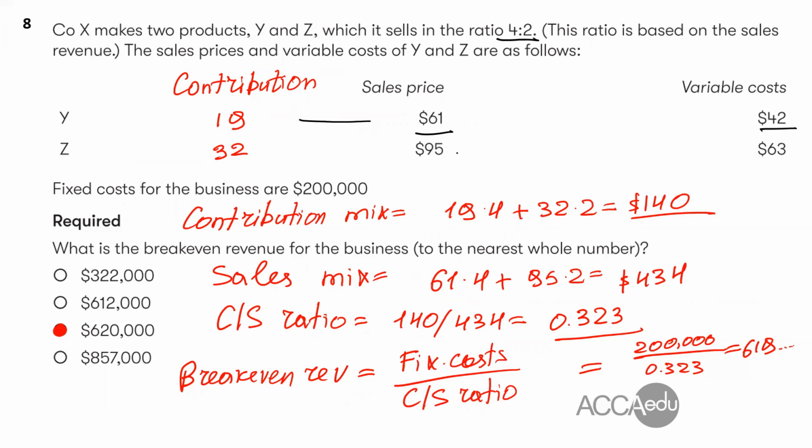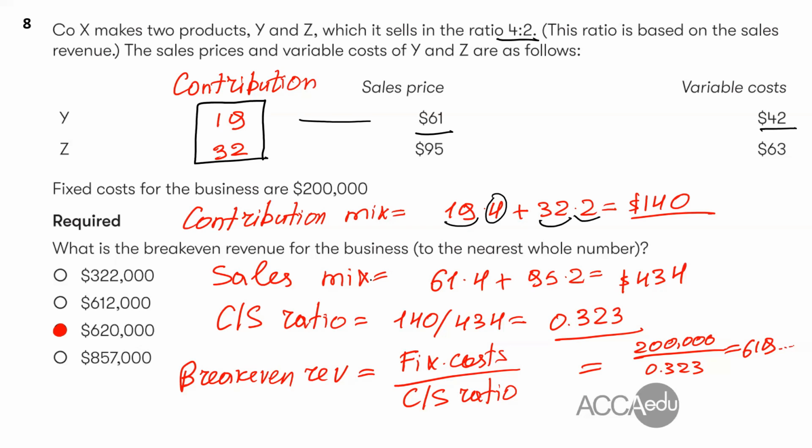Selling price 95 with variable cost of 63, we get $32 contribution. So to find contribution mix, 4, 2, which means 4 units of Y for every 2 units of Z. 4 units of Y with a contribution of 19 plus 2 units of Z with a contribution of 32, which gives us a total of $140 of contribution mix.